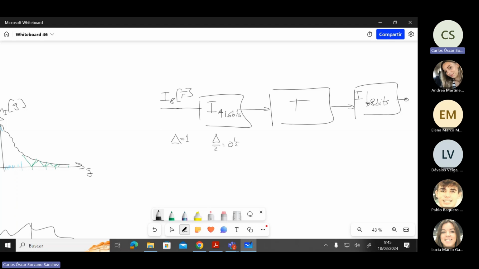We can go in steps of 0.5. This is also 0.5. But then when you do the downsampling, you go back to 1. That's delta prime. So you do the operations with higher precision, and then you come back to the precision that you had originally.